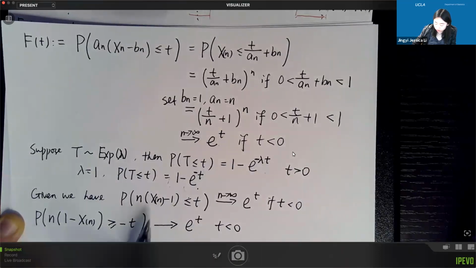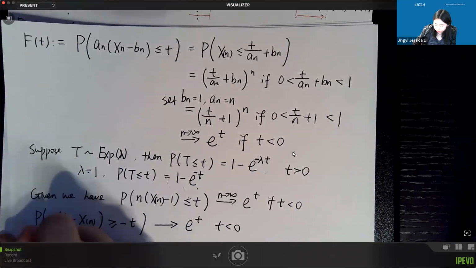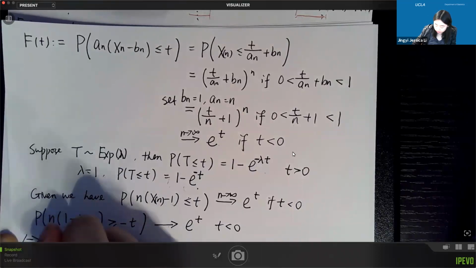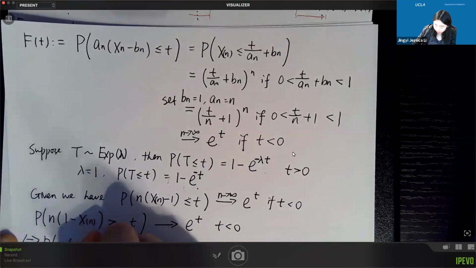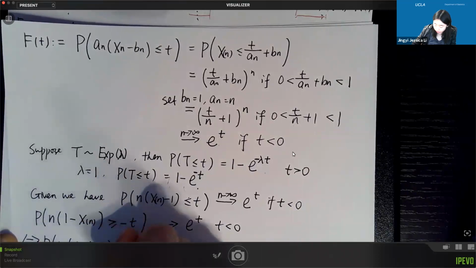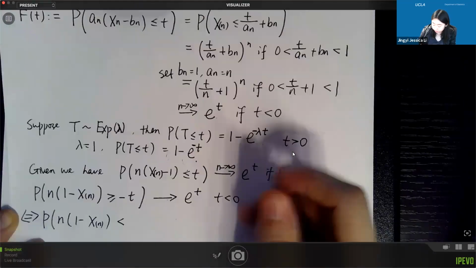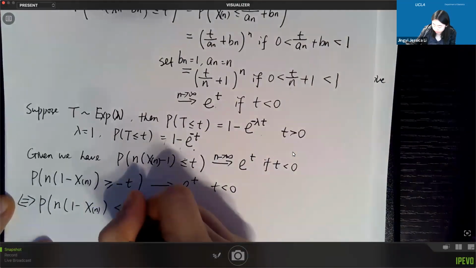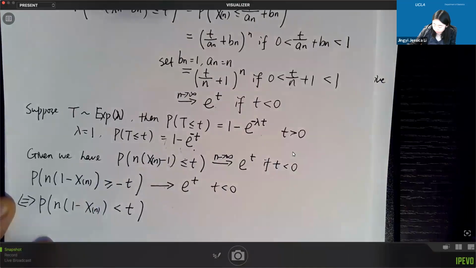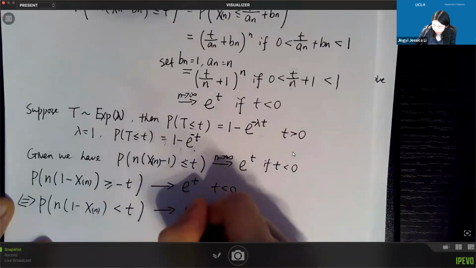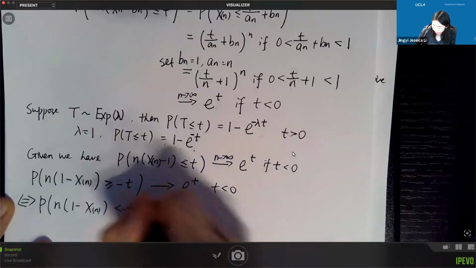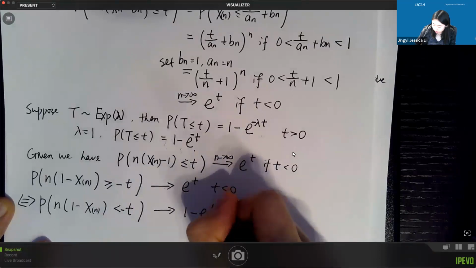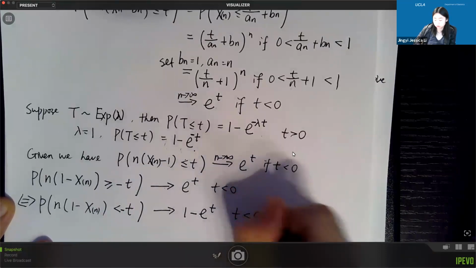And then furthermore, this implies that if I say the probability of 1 minus Xn less than or equal to, because it's continuous, so I don't need to worry too much about it, less than converges to 1 minus exponential t, t negative, okay?